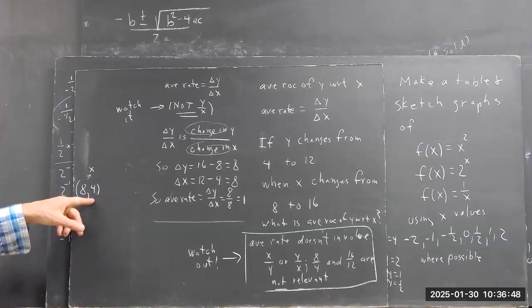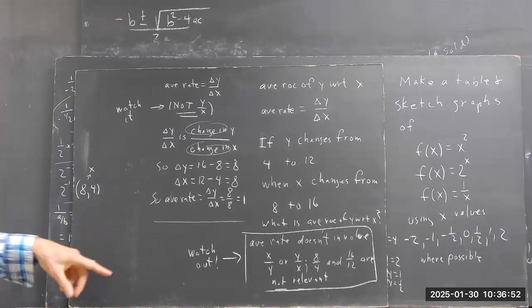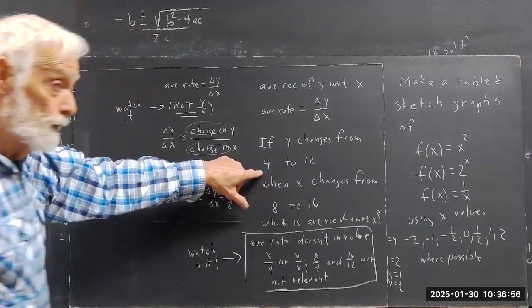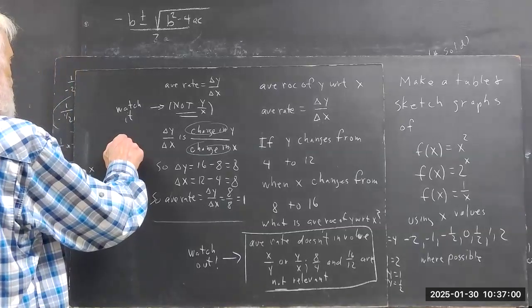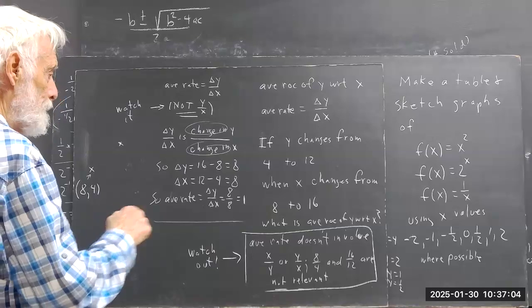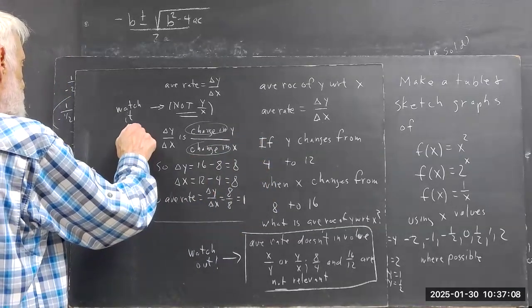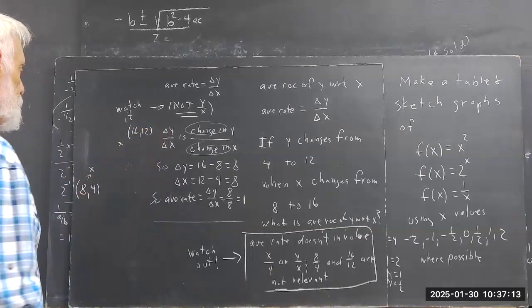Okay, 8, 4, right? Because x is 8 and y is 4. And then we have the point here, which is x is 16, y is 12. So this is the point 16, 12.